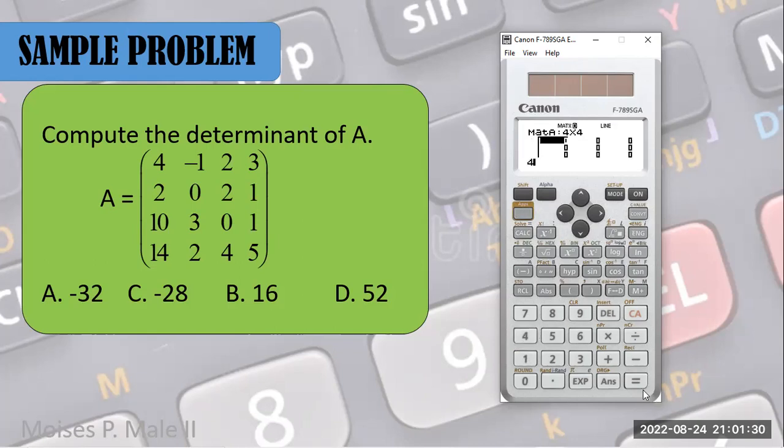So, input nyo 4, negative 1, 2, 3, 2, 0, 2, 1, 10, 3, 0, 1, 14, 2, 4, and 5.